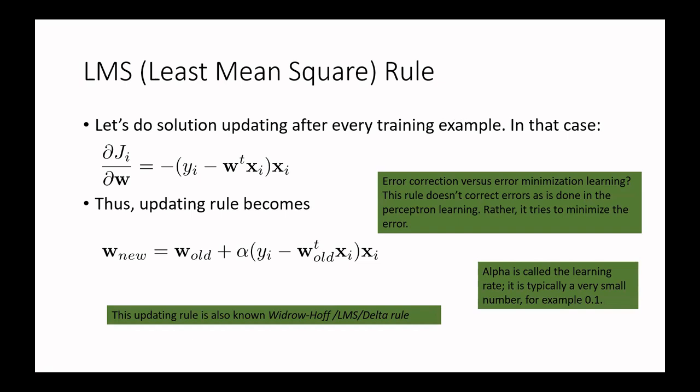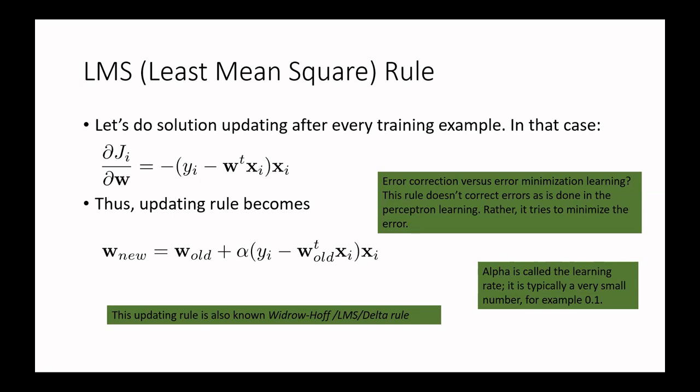That formula on the right hand side turns out to be minus (yi minus W transpose xi) times xi. So basically, one can use this value of the gradient to figure out what should be the updated value of the weight vector.